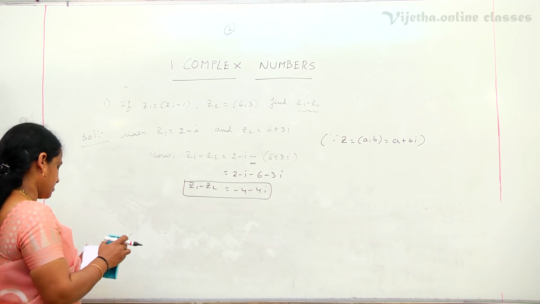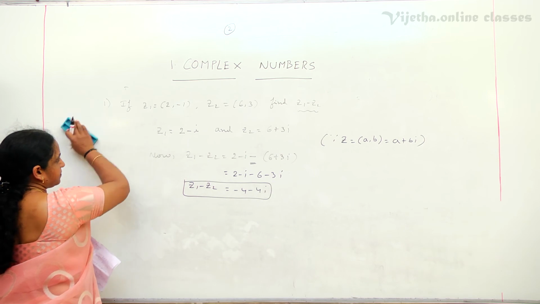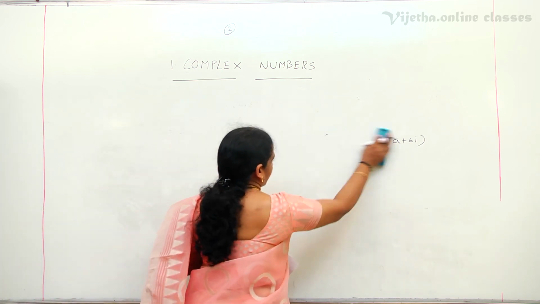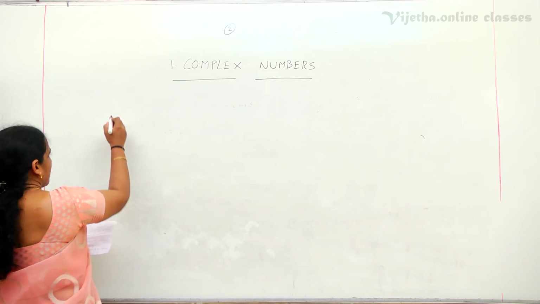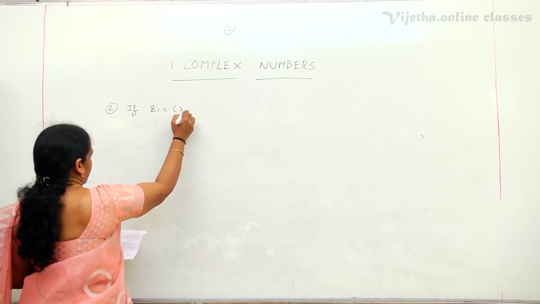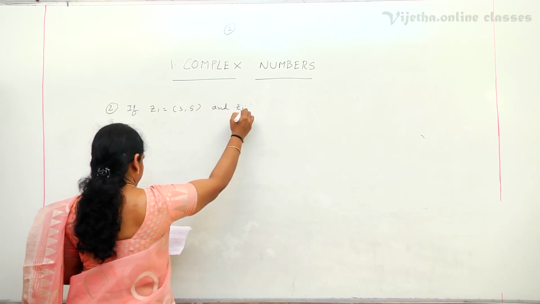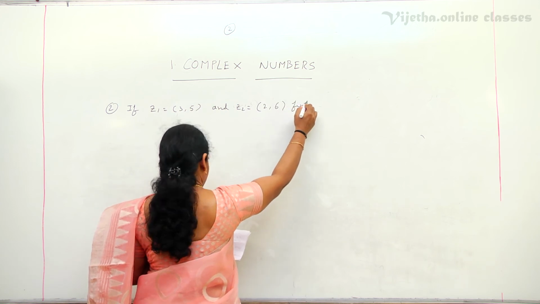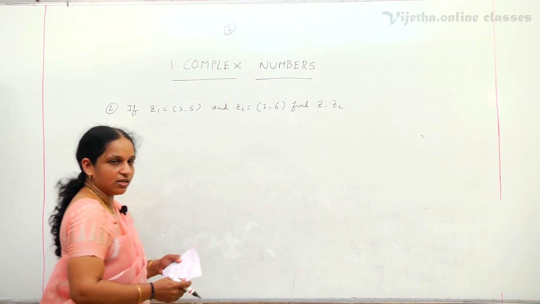Next, the second one is: if Z1 equals 3 comma 5 and Z2 equals 2 comma 6, find Z1 into Z2.